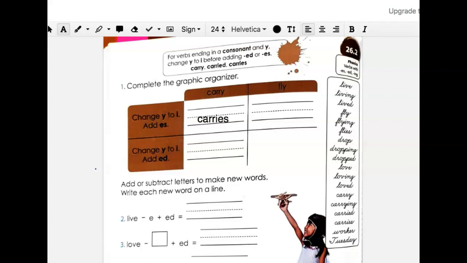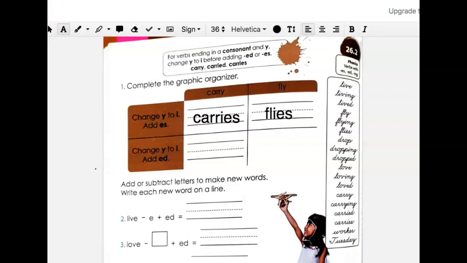You're going to do the same thing for the word fly. The word FLY turned into FLI, and then we add ES. And now the word is flies. We follow the same rule for the second row. We change Y to an I and add ED.